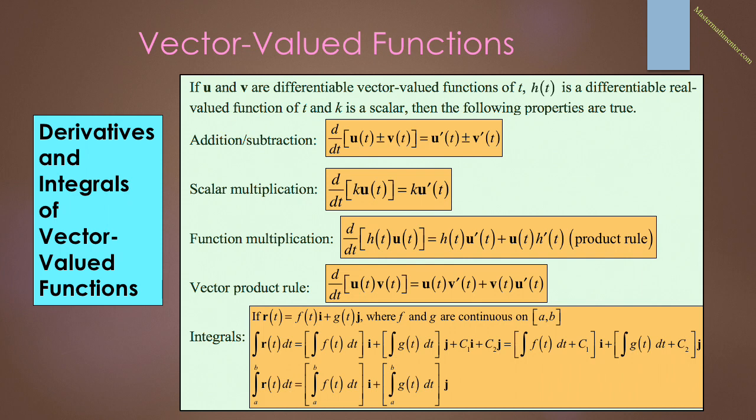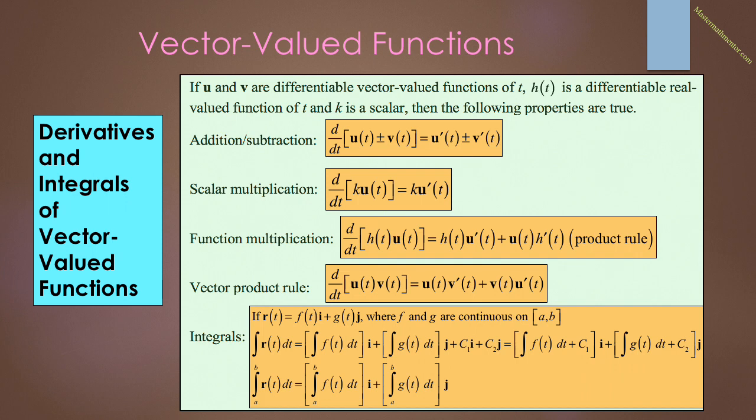Finally, our integration rules. Suppose that r of t is a vector-valued function f of t i plus g of t j, where f and g are continuous on some interval a, b. The integral of r of t will be the integral of each piece. The integral of f of t dt i plus the integral of g of t dt j.